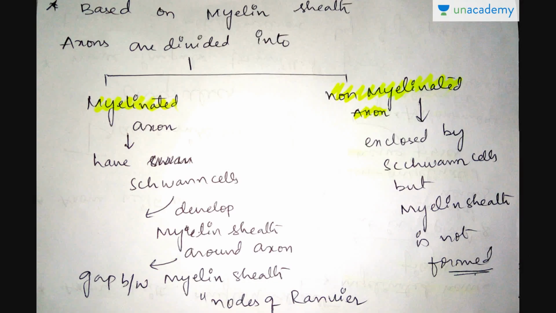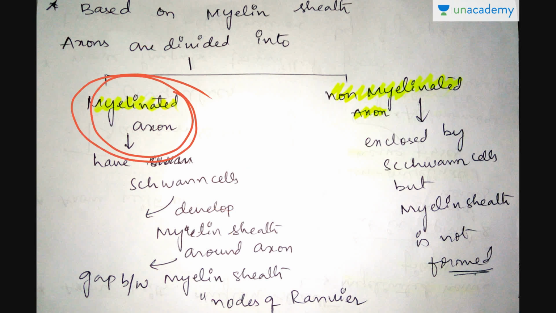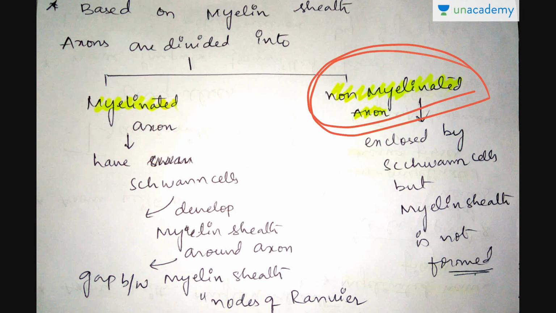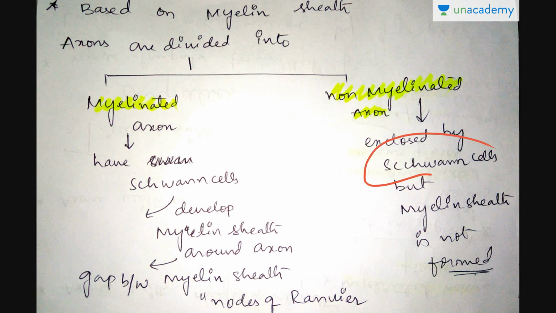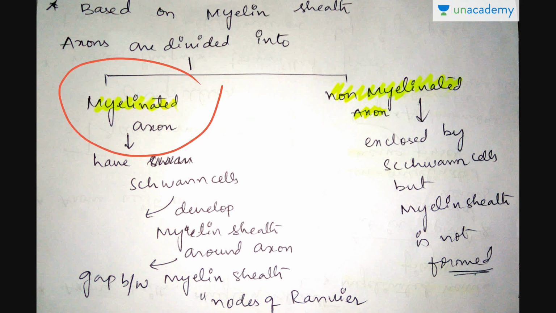Based on the myelin sheath, axons are divided into two types: myelinated axons and non-myelinated axons. Myelinated axons have Schwann cells that develop a myelin sheath around the axon. In non-myelinated axons, the axons are enclosed by Schwann cells, but they do not produce a myelin sheath. The gaps between the myelin sheaths are called nodes of Ranvier.